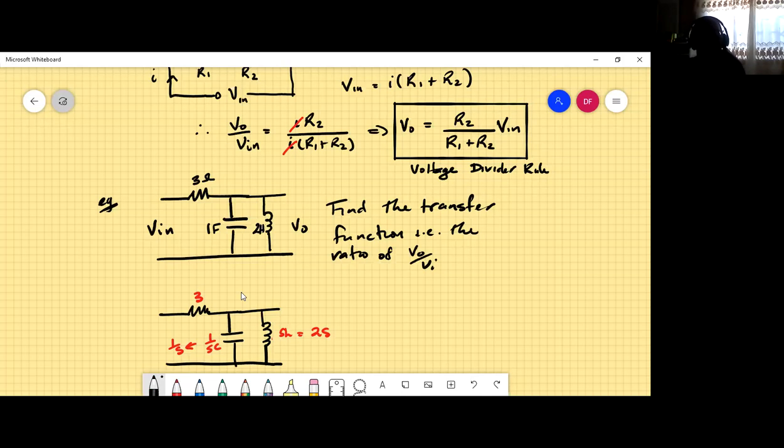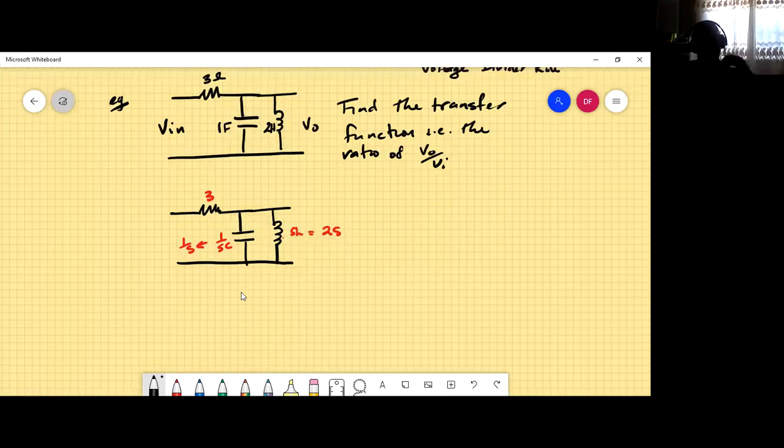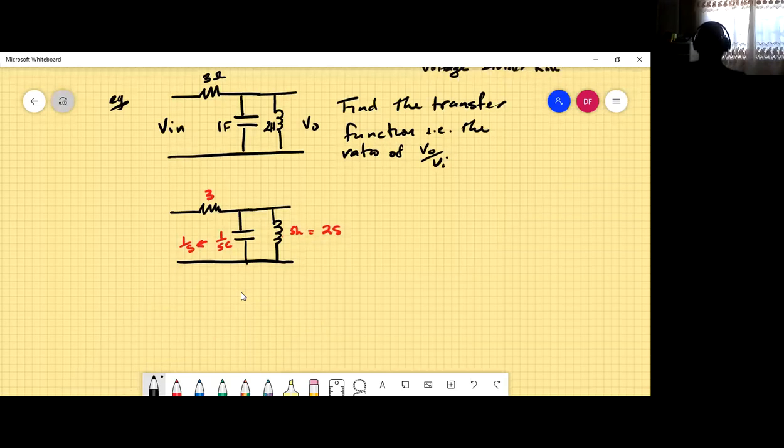So these two are in parallel, the capacitor and the inductor. To find the total impedance, the impedance in parallel would be equal to product over sum.